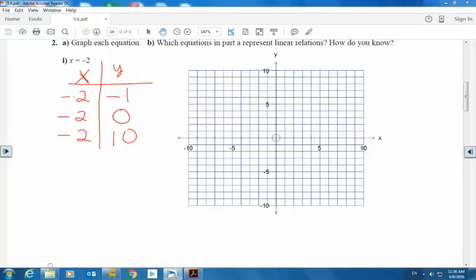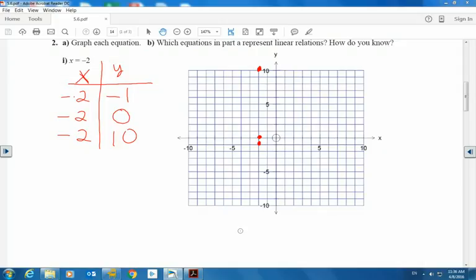It's always -2. So that occurs right here. When y is 0, x is equal to -2. When y is -1, x is equal to -2. When y is 10, up here, x is -2.